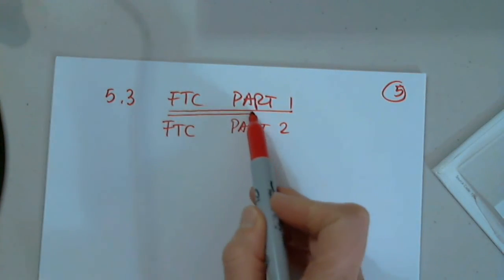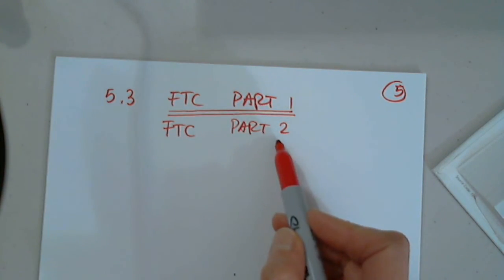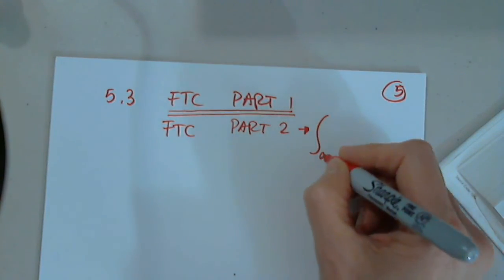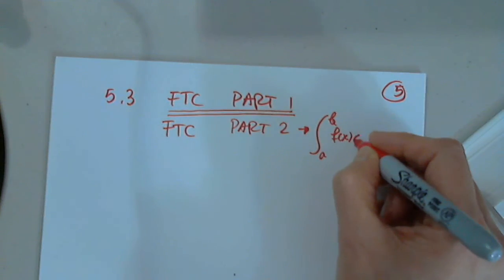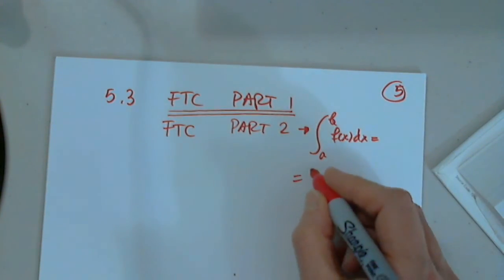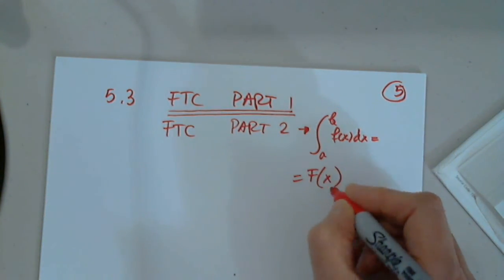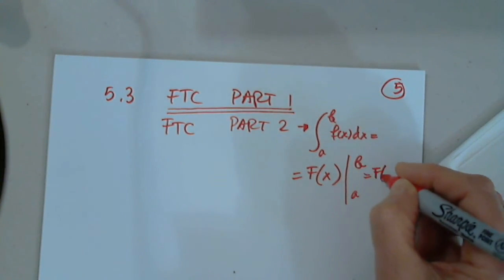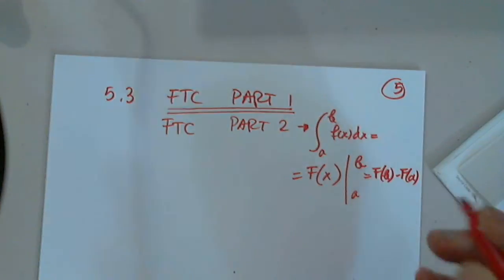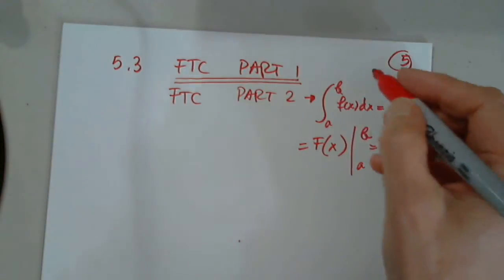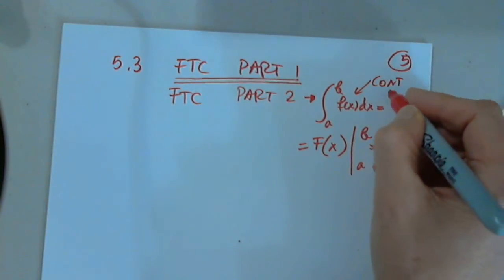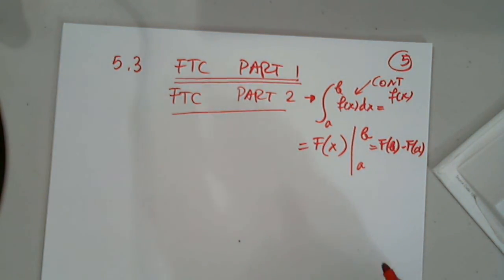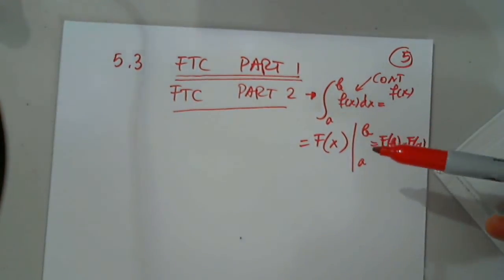We know what Part 2 does. It teaches us how to find the integral from a to b of f of x dx as the antiderivative of f of x evaluated from a to b, f of b minus f of a, of course, for a continuous function. This is what Part 2 is teaching us, how to determine definite integrals.